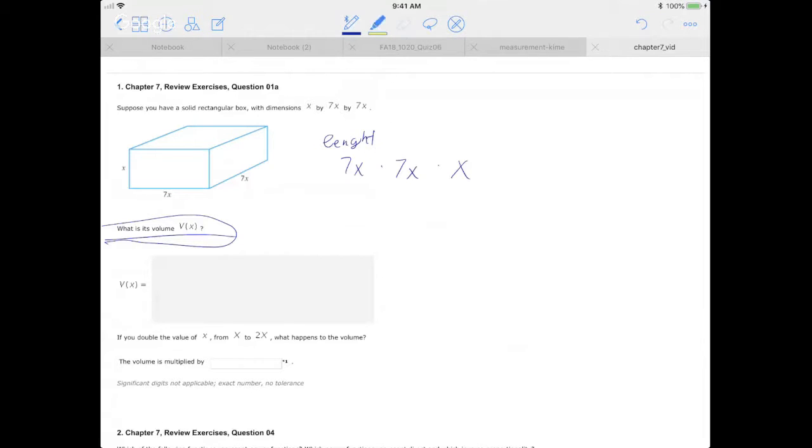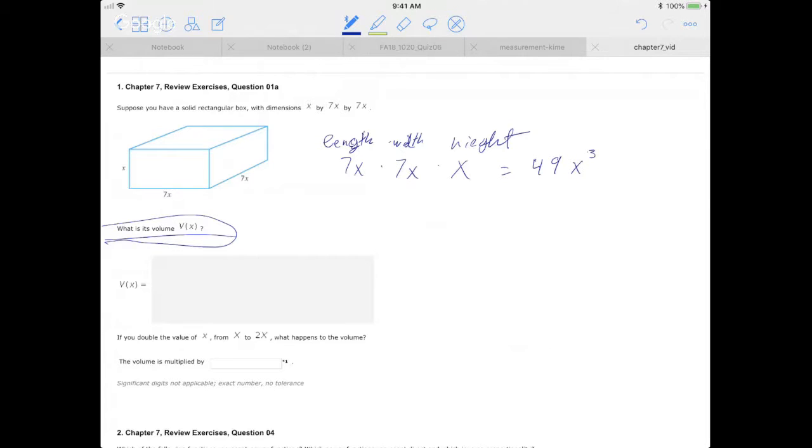Length, width, and height. And there you have it. So if we simplify, I'm going to get 49x cubed. So just combining the 7's and combining the x's, and there we have it.